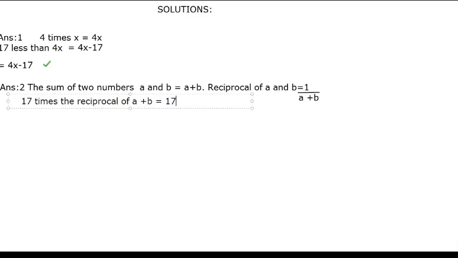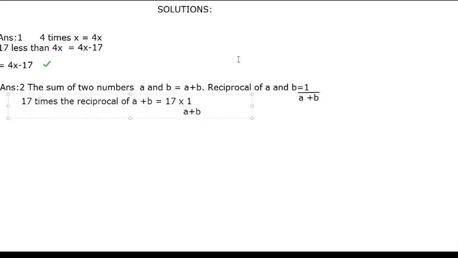17 into 1 upon A plus B. Oh my gosh, this is such an irritating mouse.